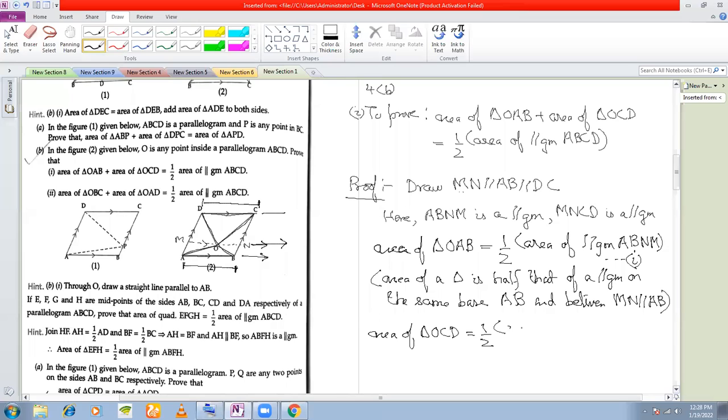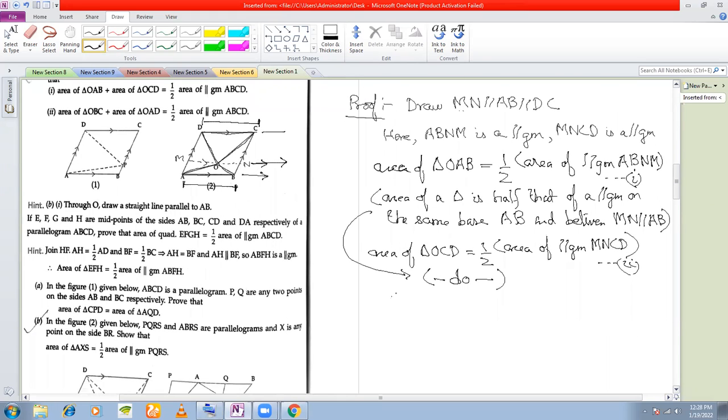MNCD, right? Can I say or not? And the reason is the same as above. This is the same reason, right? If I call this 2, now if I add 1 and 2, what will I get?